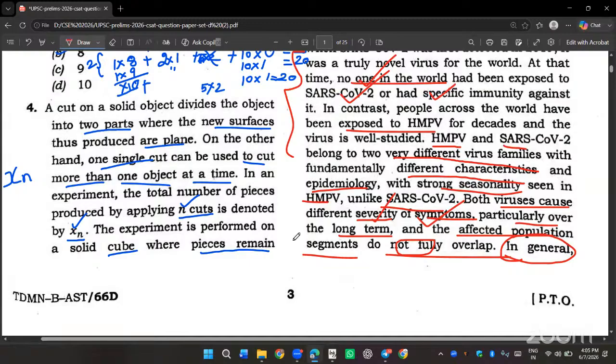You will say, HMPV, the people across the world have been exposed to HMPV for decades, and the virus is well studied. So we need not worry about that.